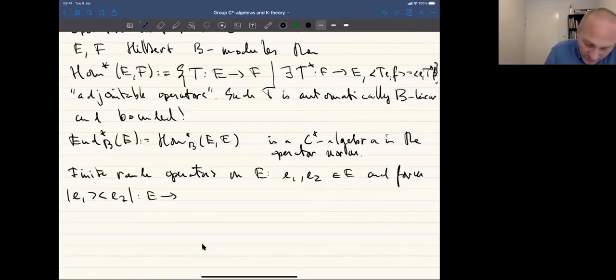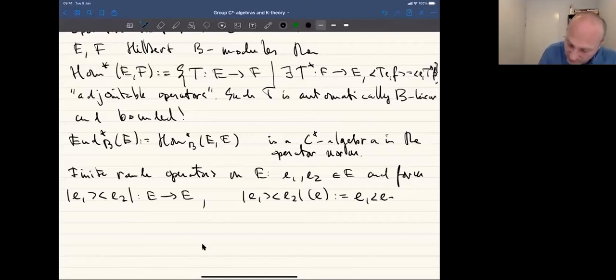So we can make from two vectors an operator by just using the inner product. So we have two vectors, we take inner product with the first one and then multiply that from the right with the second one. So we use the inner product and the module structure to define this operator.